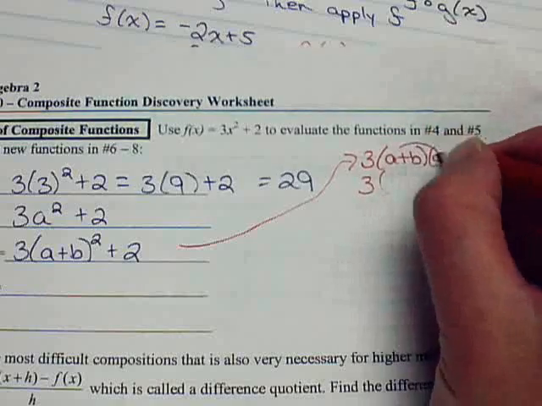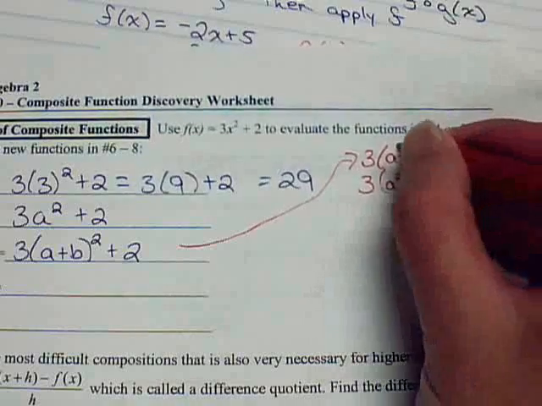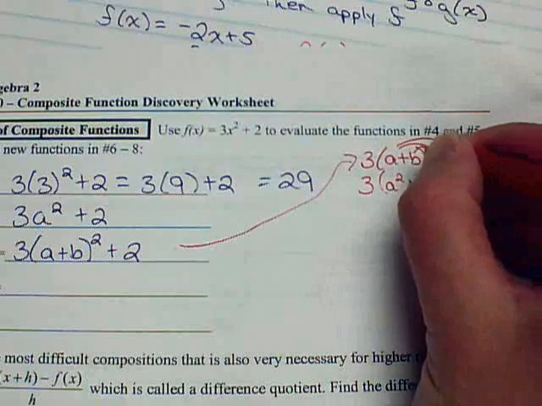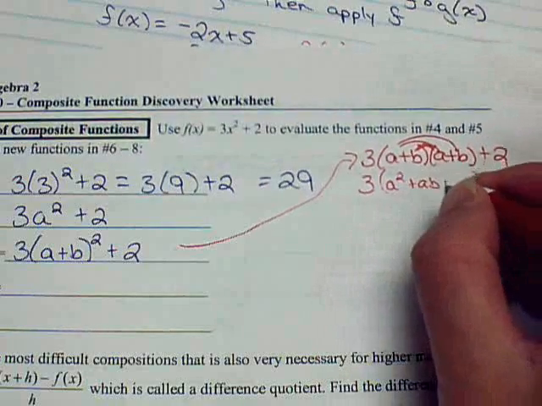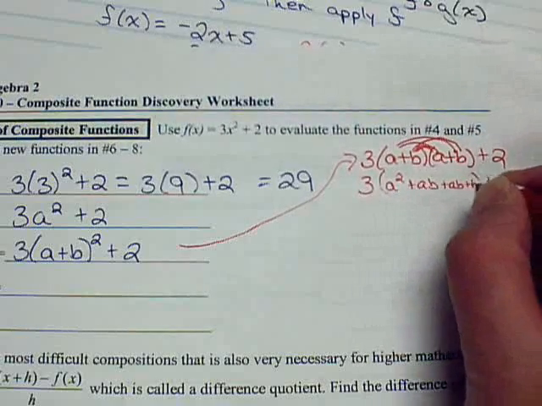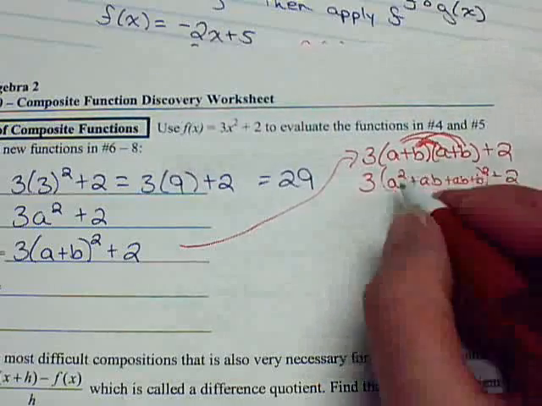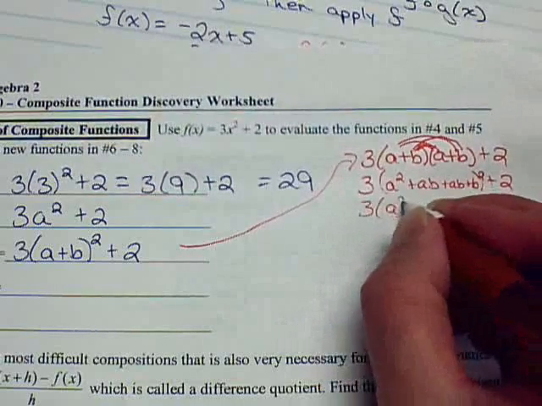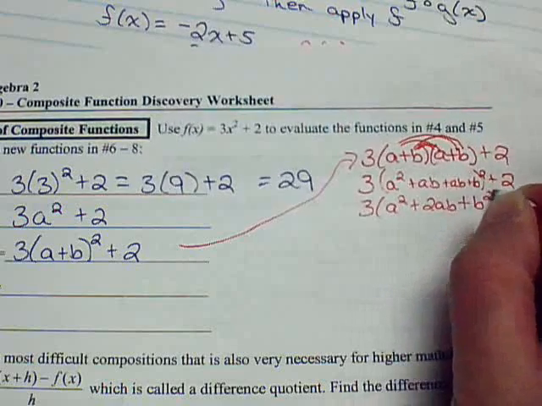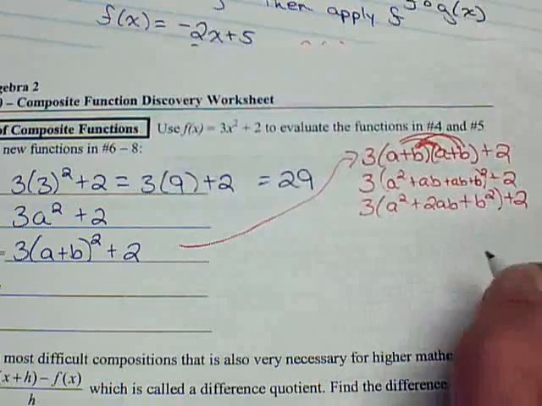You'll have a times a, which is a squared, a times b. Here's another one, b times a, but I like to write them in alphabetical order, so it's ab. Then this is b times b, that's b squared. So you end up with a squared plus 2ab plus b squared plus 2.